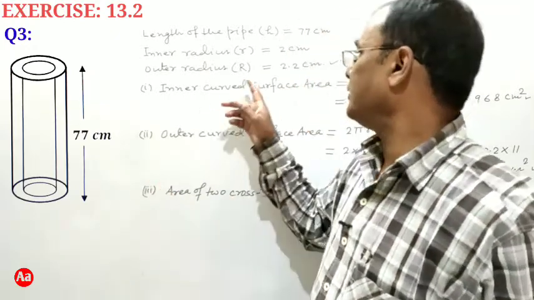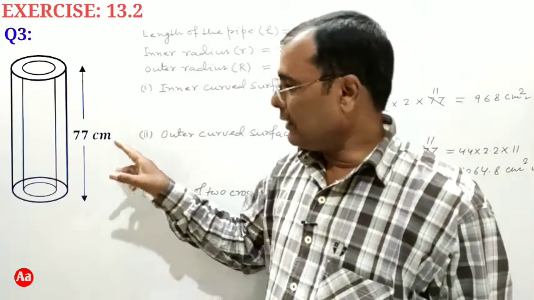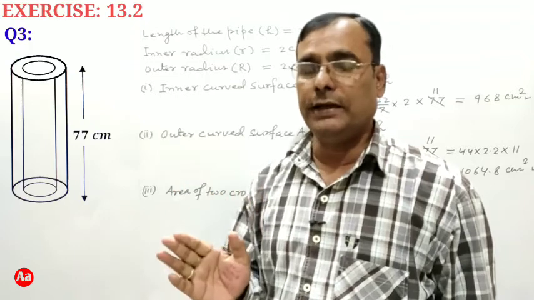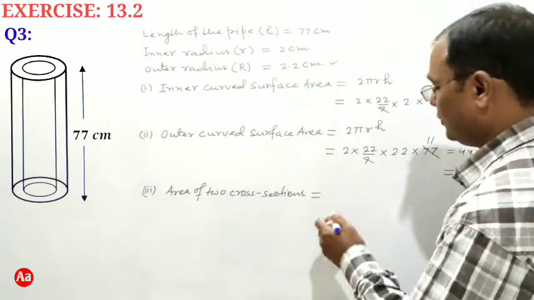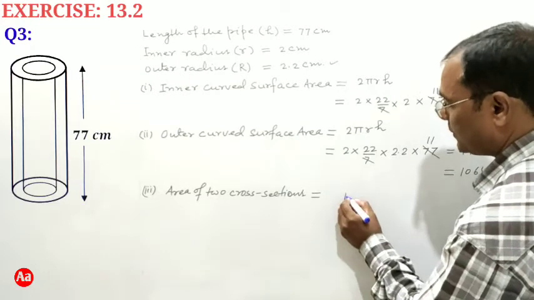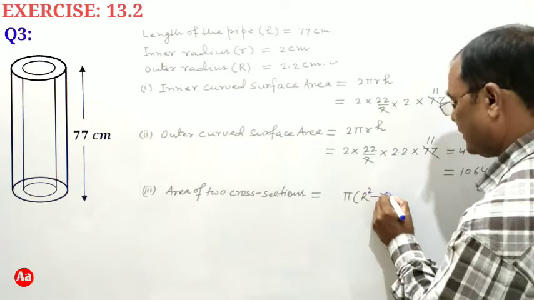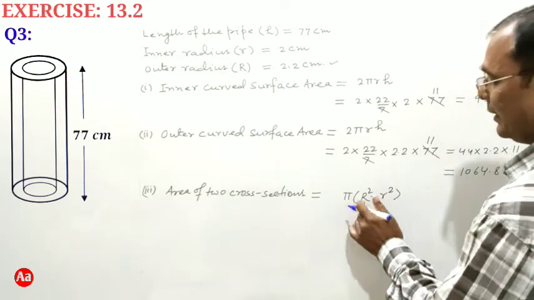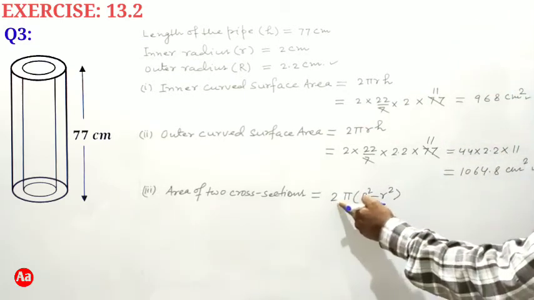So outer radius we have written capital R, inner radius is small r. So the area of this ring shape cross section will be pi into capital R square minus small r square. This is the area of a ring, and there are two cross sections, so we need to multiply it by 2.